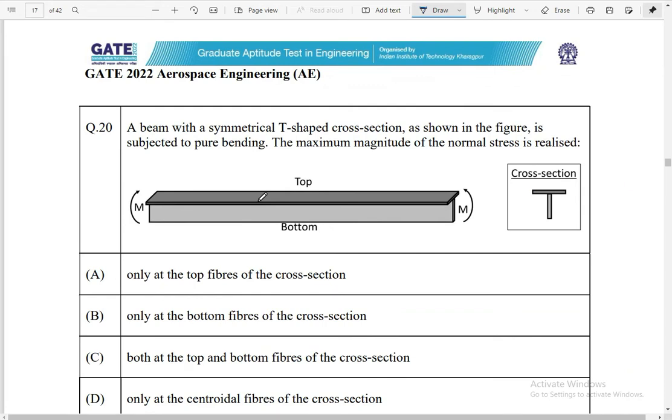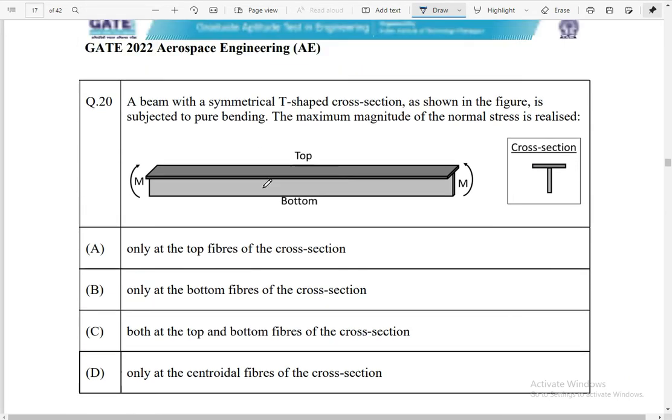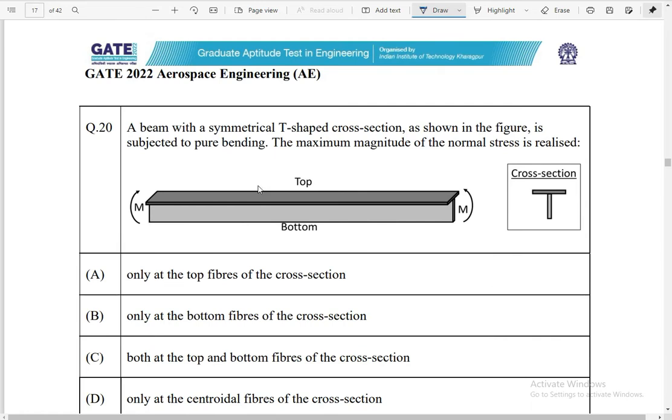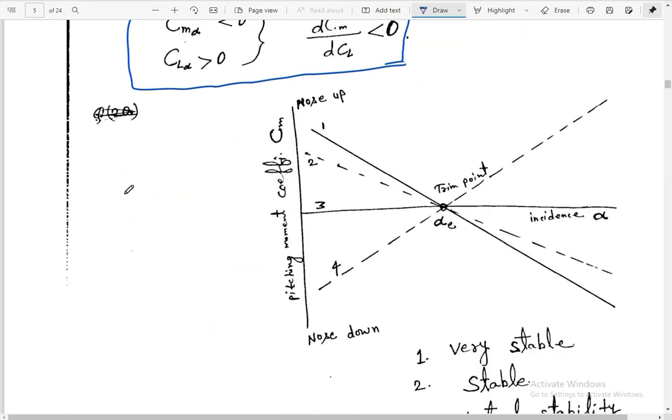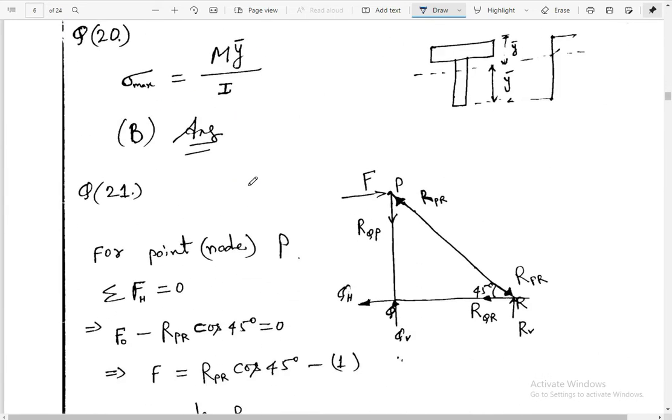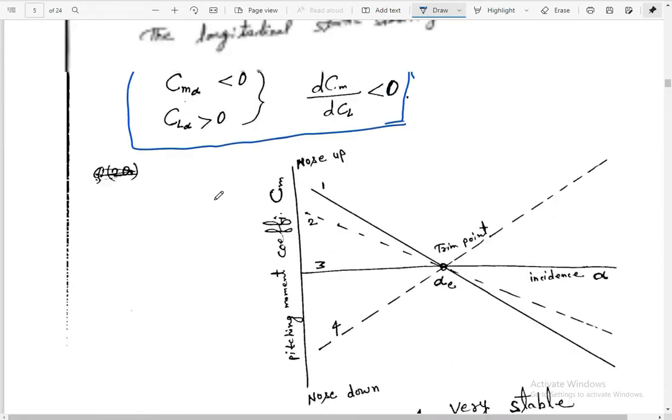Question number 20, here asking about a beam with a symmetrical T-shaped cross section, and it is subjected to pure bending. The maximum magnitude of normal stress is... So here you can see some more options.